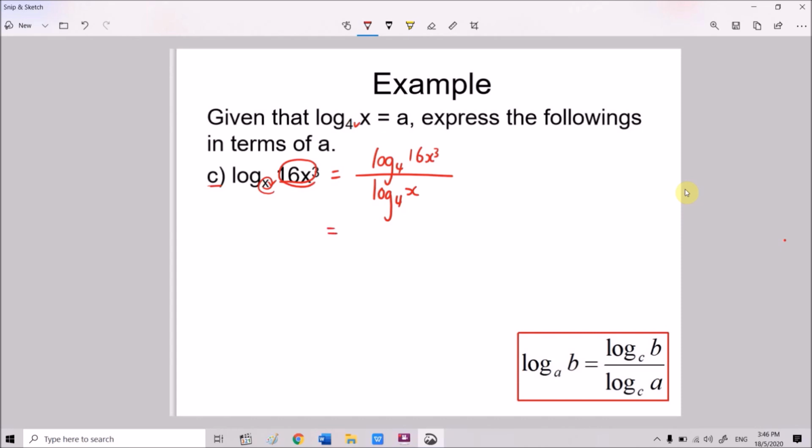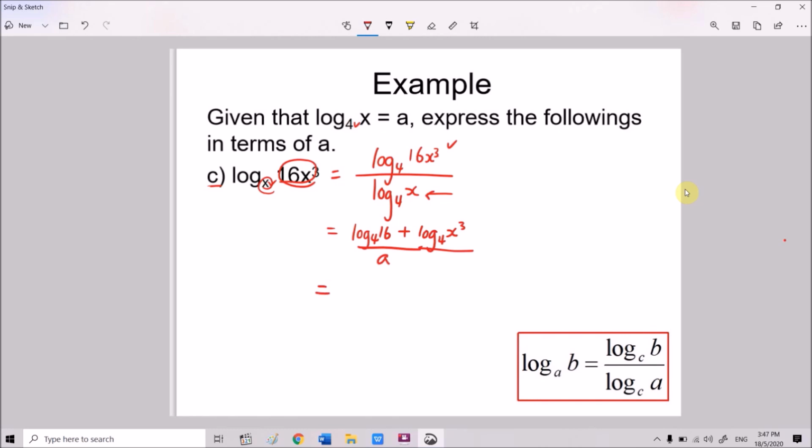Now, for the denominator part, it's very obvious that it equals a. However, for this part, it is not done yet. Since 16 multiplies x to the power of 3, we can use the product law. So this becomes log base 4 of 16 plus log base 4 of x to the power of 3.